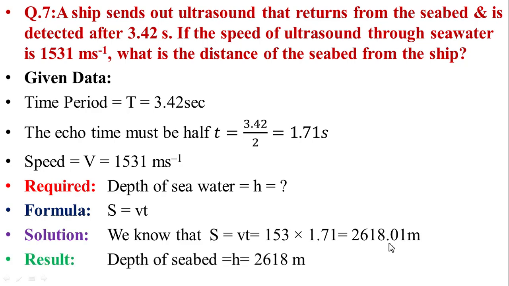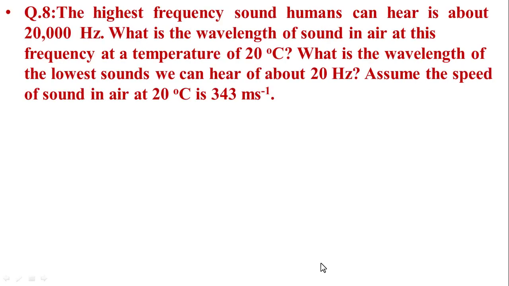So the result of the depth of seabed H is equal to 2618 meters. In question number 8, the highest frequency of sound a human can hear is about 20,000 hertz.